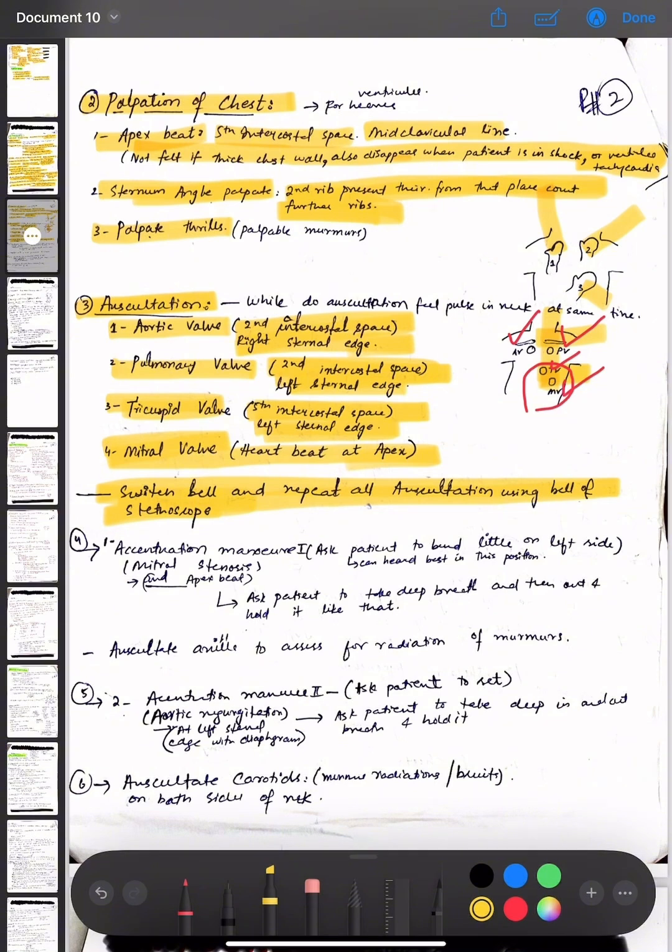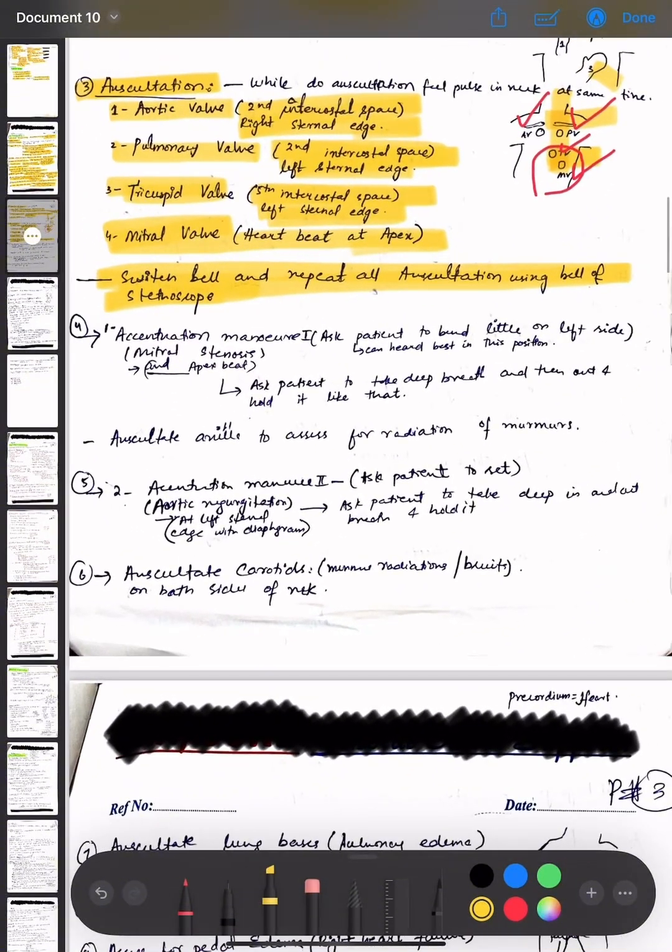Then we will palpate thrills at the 3 positions given in the diagram, that is on the right side, then the left side, and then on the apex beat side. Then we will auscultate the patient at the 4 different sites, that is the aortic valve, the pulmonary valve, the mitral valve, and the tricuspid valve. Then switch to the bell and perform all the auscultations at the same positions using the bell of the stethoscope.